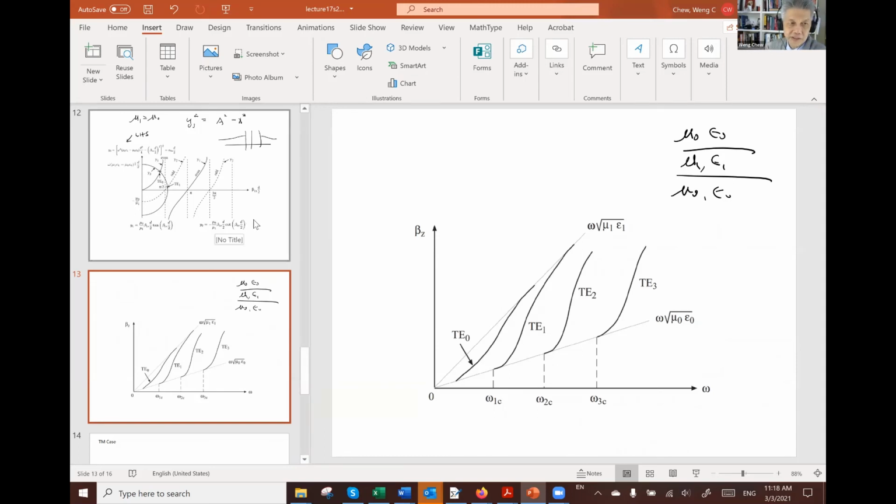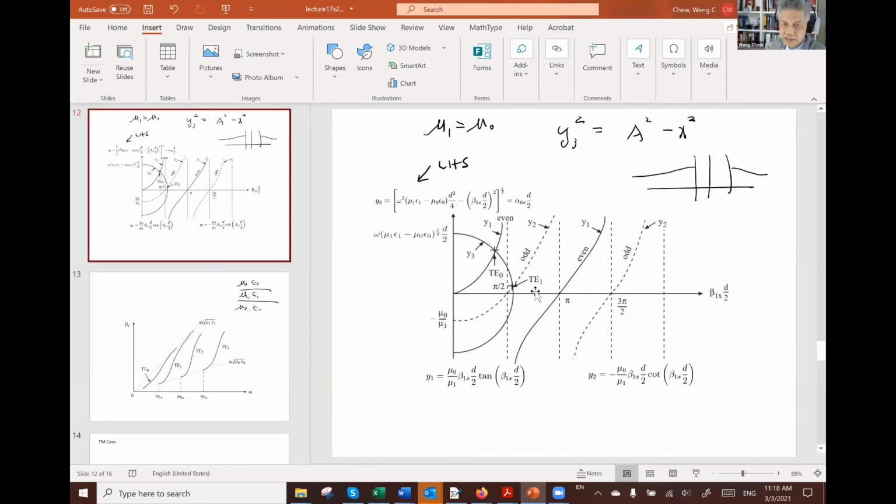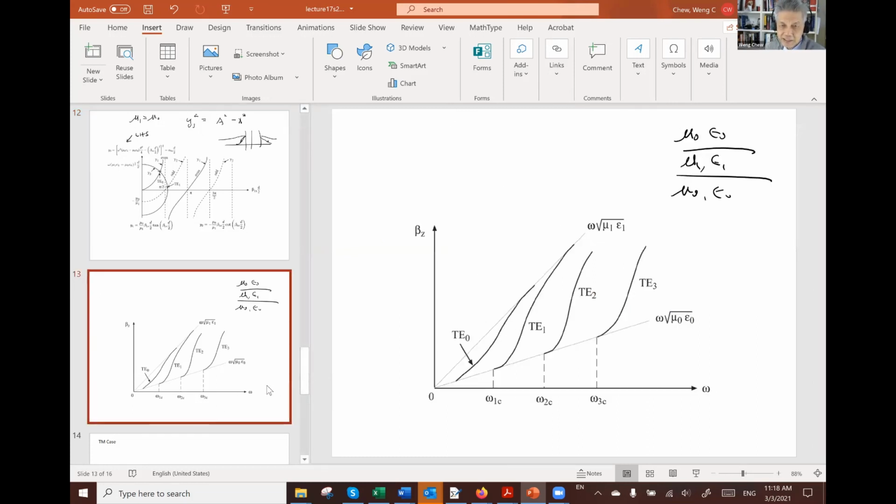What happens if you increase the frequency? If you were to increase the frequency, you'll find solutions where alpha 1x or alpha 0x becomes bigger and bigger. They move up and become bigger and bigger. That means that the wave is more tightly trapped. It is strongly evanescent outside, and the mode is strongly trapped inside the dielectric slab.